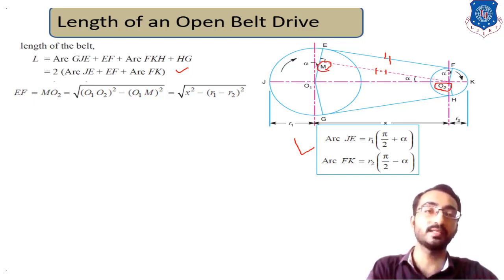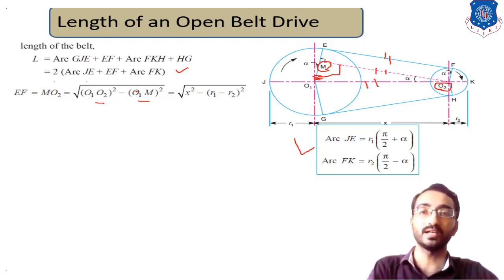Now how can we calculate this? Over here we have considered a right angle triangle. By considering Pythagoras theorem, O2M is equal to under root of hypotenuse square minus adjacent side square. So under root of O1O2 square minus O1M square will give us the length of O2M.